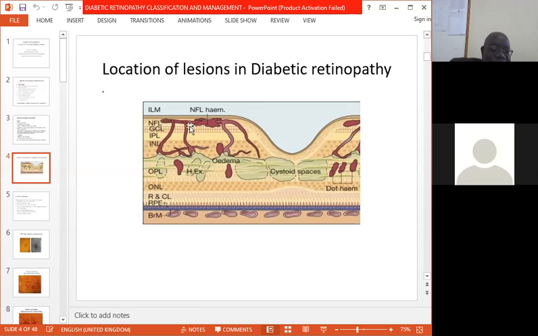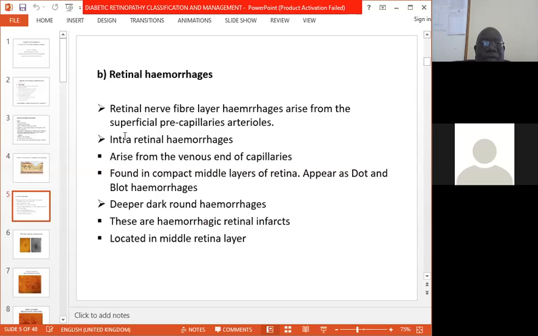So if there are hemorrhages here which are clearly in the nerve fiber layer, they are superficial in relation to the retina, because this retina thickness goes all around to form the eyeball.